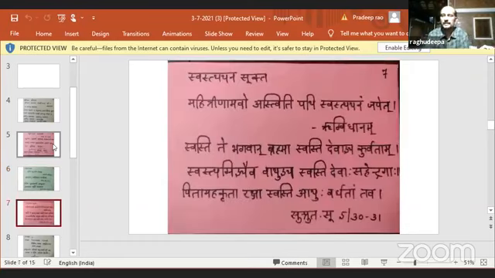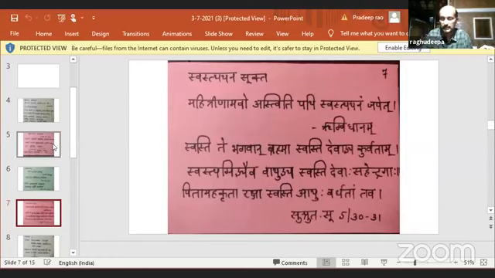And in Rigveda, there is a swastyayana sukta. Sukta means a group of mantras. It says Mahinam avo astviti pati swastyanam. So the mantra starts like Mahitrinam avo. If you chant that particular mantra, then your journey will become good.